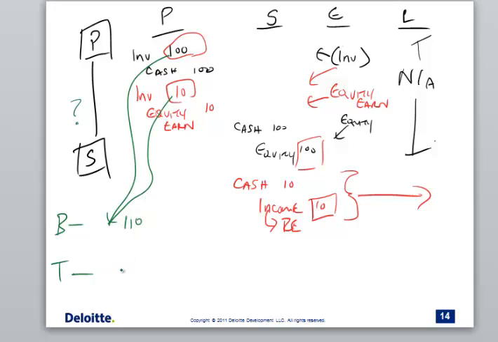Right? I formed it with 100. So under 351, 358, I get 100 a basis. And then the 10 of earnings does nothing to my tax basis. So it means it's not subpart F. So my basis is 100 for tax. So I have a 10 difference. That is my basis difference in my foreign sub.